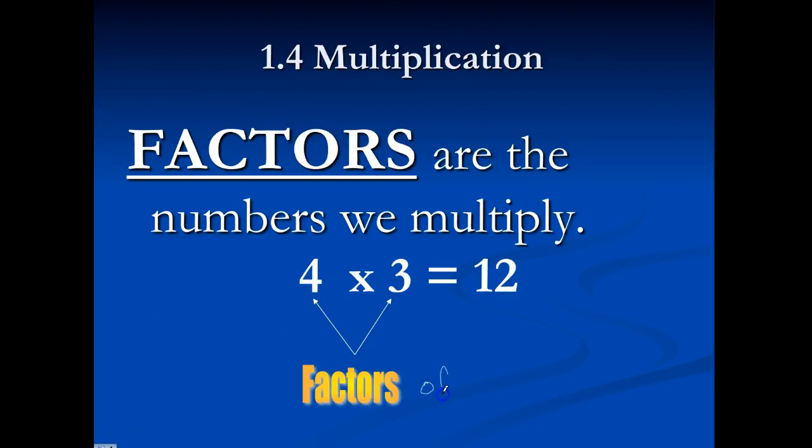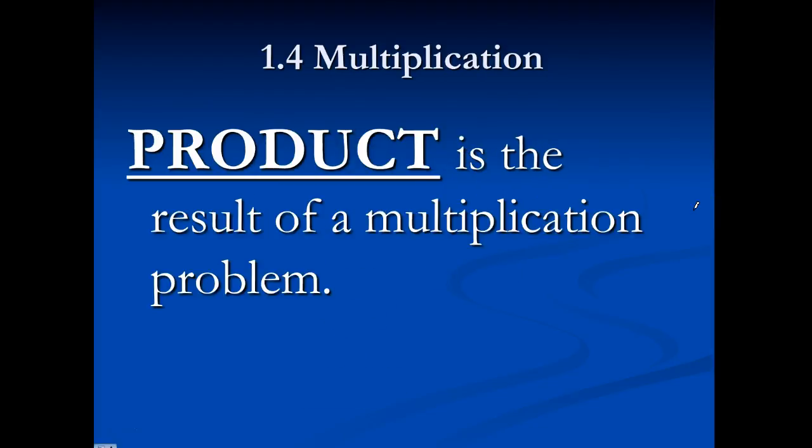Okay, 4 and 3 are factors of 12. There's other factors of 12. 6 and 2 is also a factor, but that's what a factor is. A factor is the numbers that are multiplied that might get the result of something else. Those are factors. It's an important word for you.